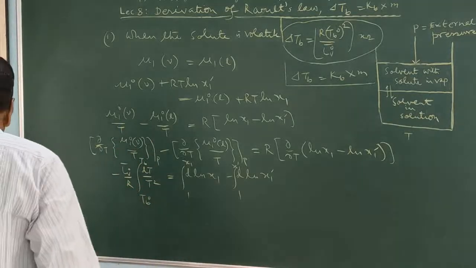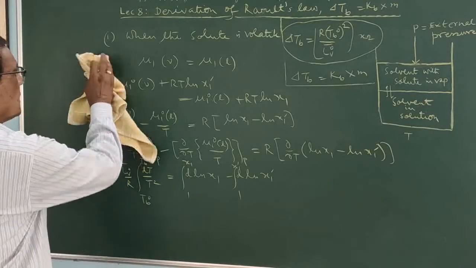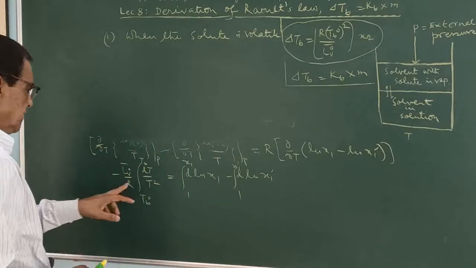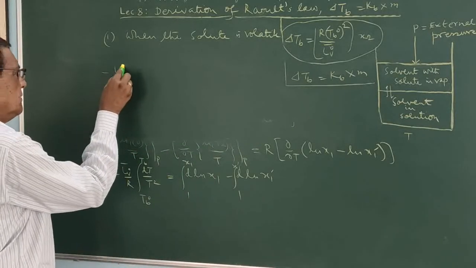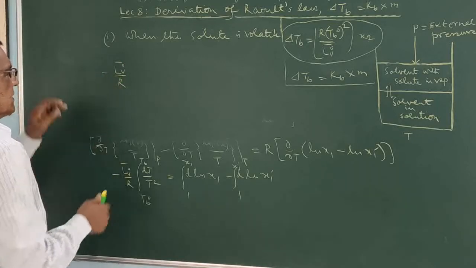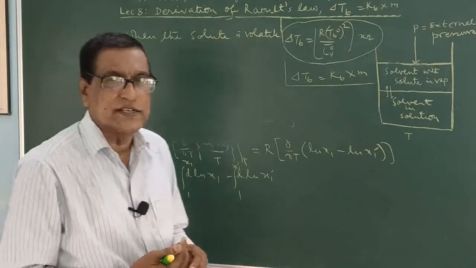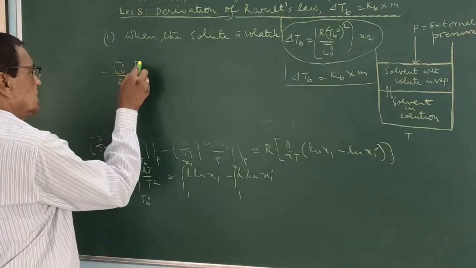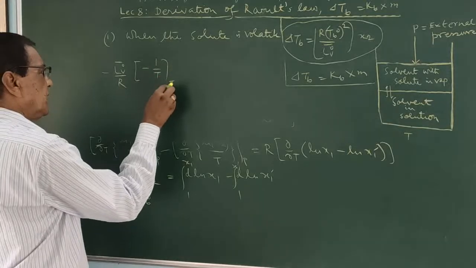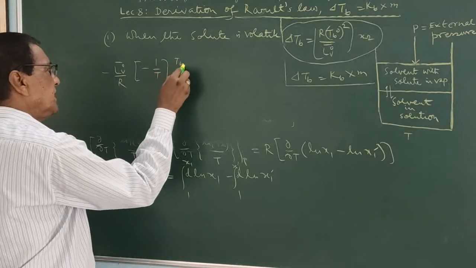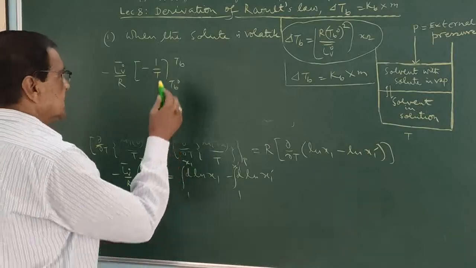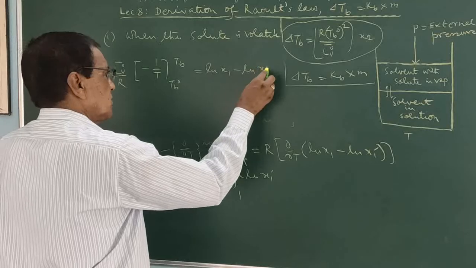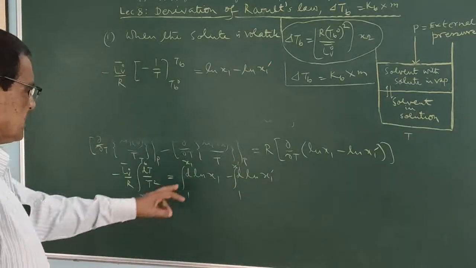So if we do this, then −Lv₀ bar divided by R, this is the molar latent heat of evaporation for the pure solvent, and here the integration is −1/T between Tb₀ and Tb, and this equals the integration of ln x1 − ln x1'.